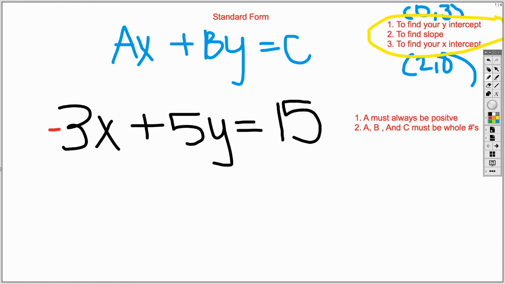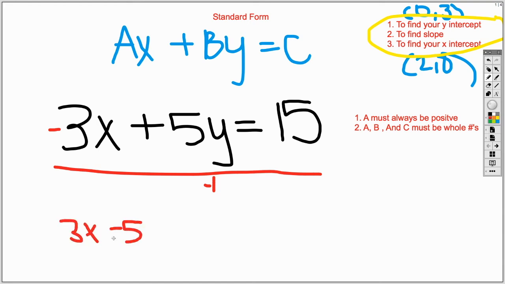And let's suppose it said negative 3x, then you'd literally divide this whole thing by negative 1 to make it positive. This would be 3x, then minus 5y equals minus 15. And it's perfectly fine for B and C to be negative, but A just always has to be positive.